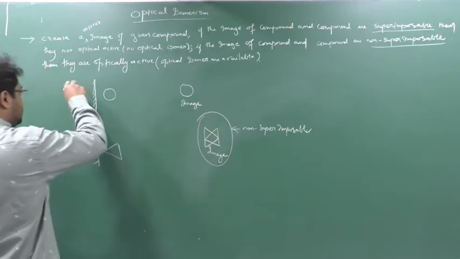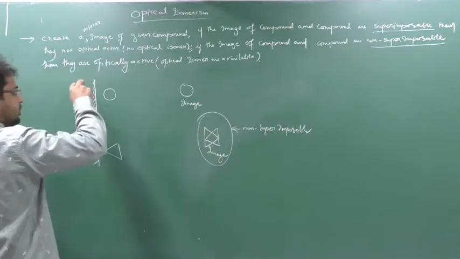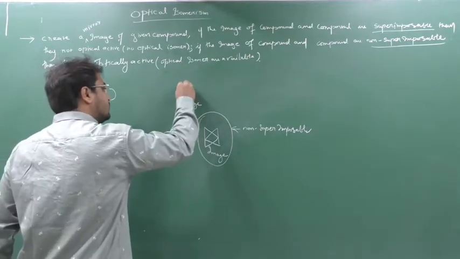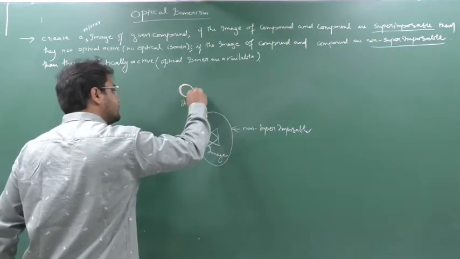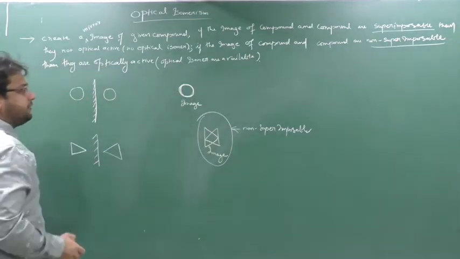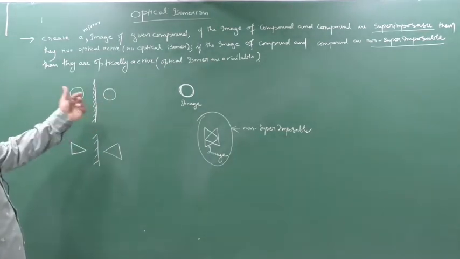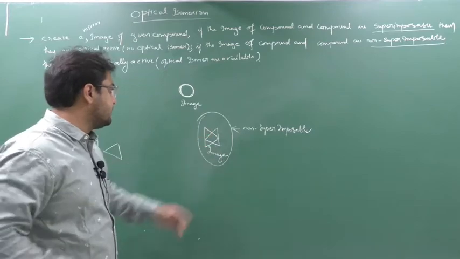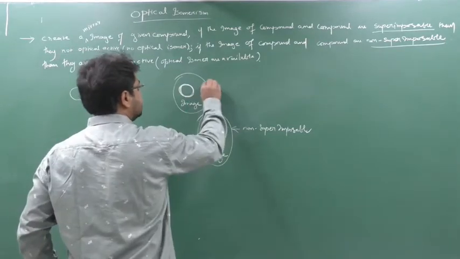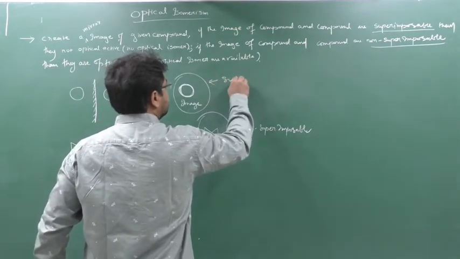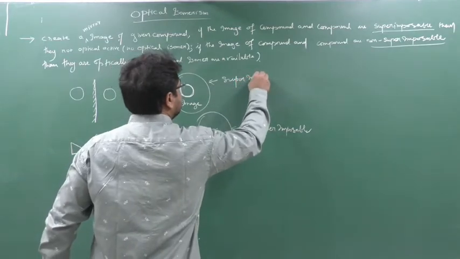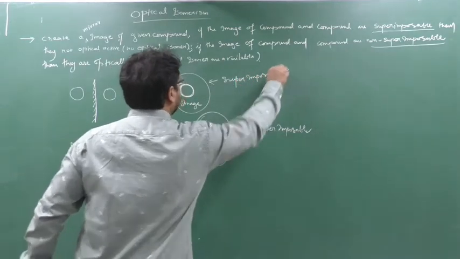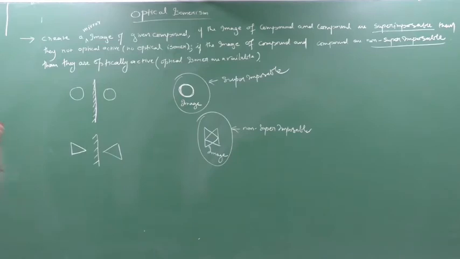Suppose this was the image, and this was the object. I have taken the object, and when I place it, I got an image which is superimposable. Now see, this is superimposable. We cannot identify which is the image and which is the object. Here you can clearly identify image and object. So this is not superimposable, these are superimposable. Are you understanding or not?